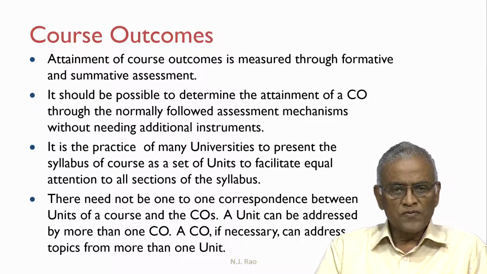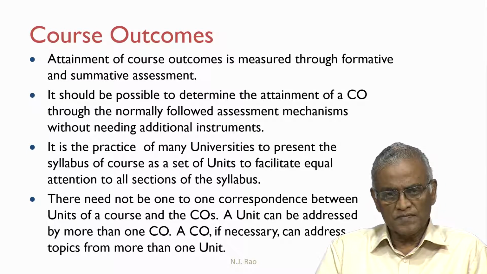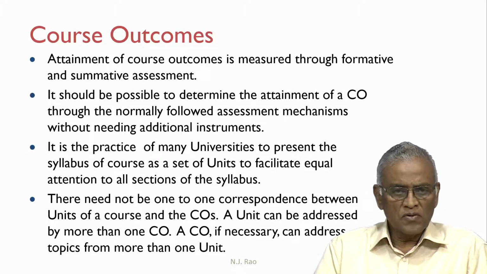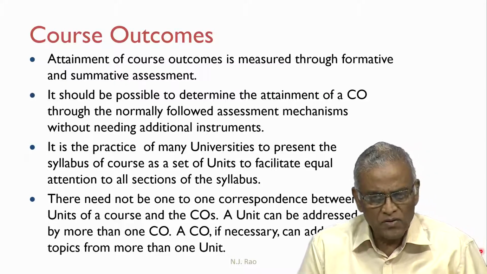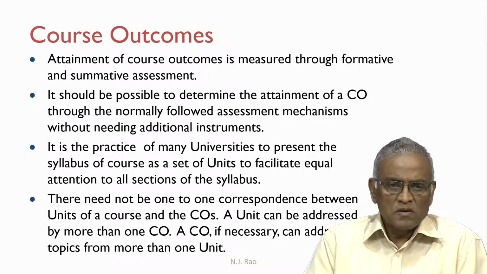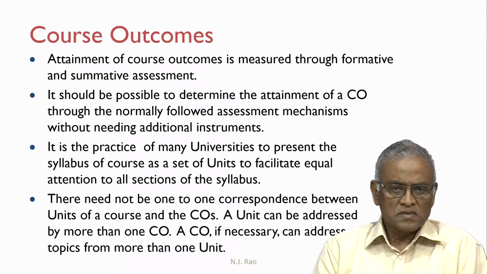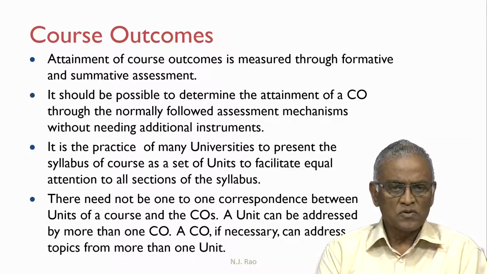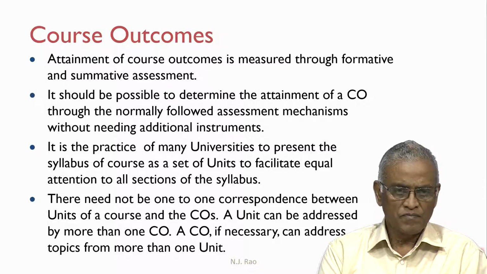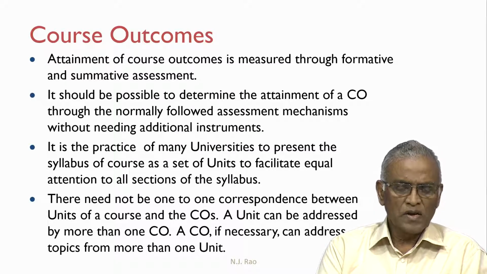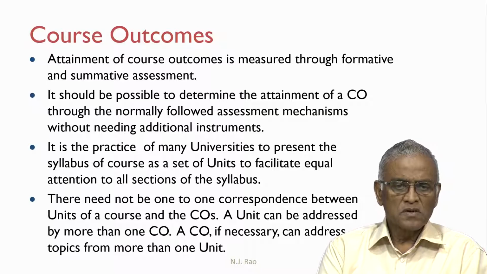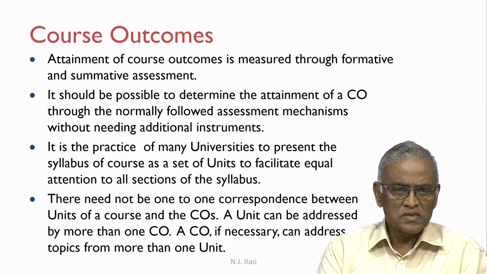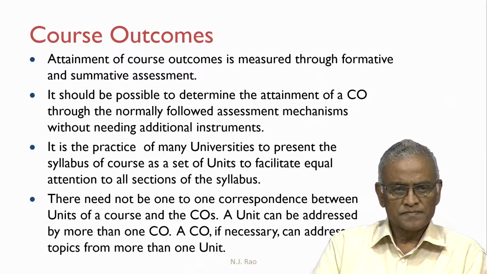A CO, if necessary, can address topics from more than one unit. So, if you have a course with 5 units, you may want to write 6, 7, 8 course outcomes to describe the course adequately, where adequately means paying attention to all the details you consider important in the course.